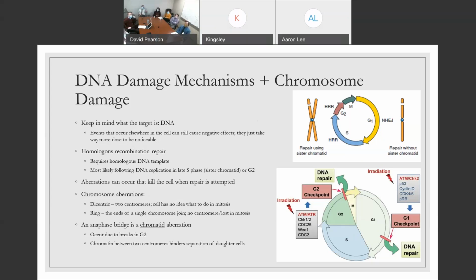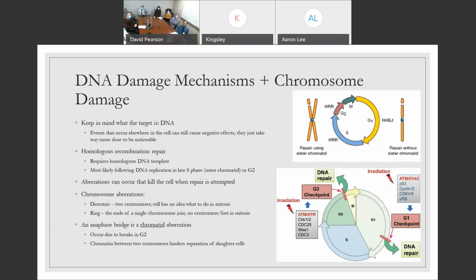But in the case where there's two centromeres, the cell has no idea where to pull that information because it could end up pulling it in two different directions and then it gets stuck in the middle. It's really unable to segregate that information to a separate side of the cell because there are two centromeres. It gets confused, has no idea what's going on. And then that's a whole chunk of genetic information that would be missing from the offspring cells.